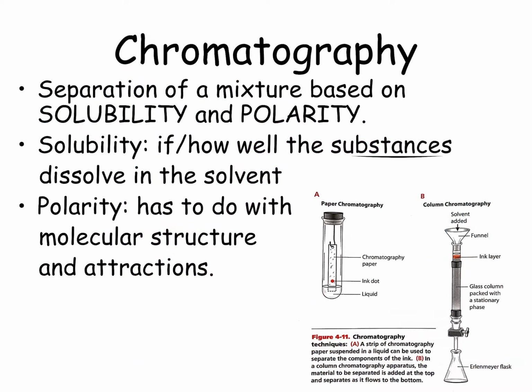Chromatography is separation of a mixture based on two things, solubility and polarity. So solubility is something we briefly talked about. This is, will it dissolve or not? And polarity has to do with molecules, the molecule structures and interactions. So solubility, if and how well the substance will dissolve. Polarity has to do with molecular structures and attractions. So you see over here we have something called paper chromatography, which was on this last slide.